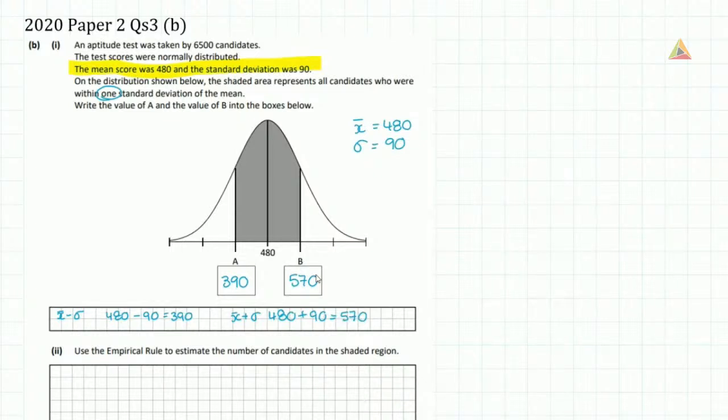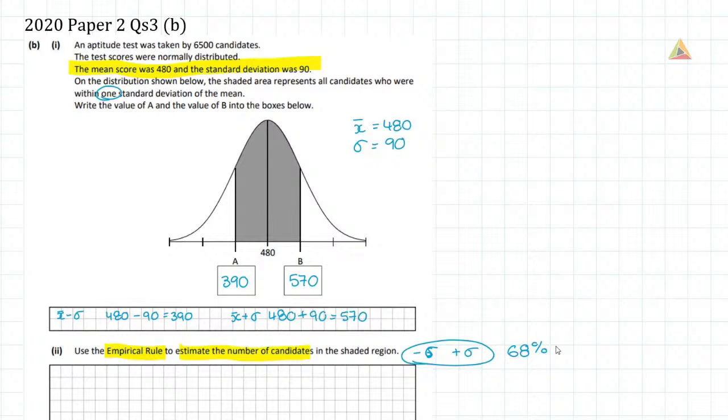So we know we've one standard deviation above and one standard deviation below. And using that empirical rule, we're going to estimate the number of candidates in this shaded region. So within this shaded region, from -1 standard deviation to +1 standard deviation, we know that's going to be our 68%. So 68%, 95%, and 99.7 are our three important figures.